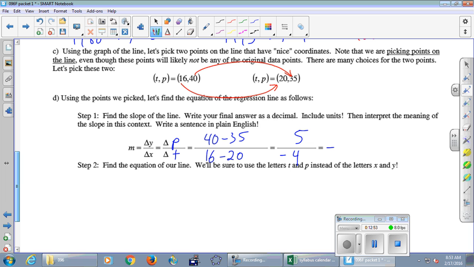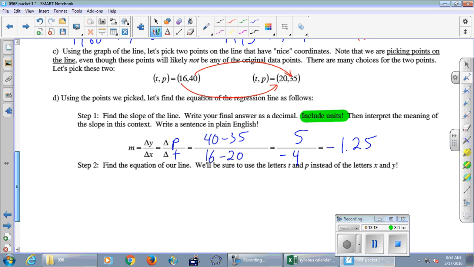Oftentimes with these word problems, we'll want decimals instead of fractions. This is -1.25. So there's the slope. But part of this problem asks us to include units, so let's do that now. To include units, I need to go back to the beginning. 40 and 35, what were the units for those 2 numbers?